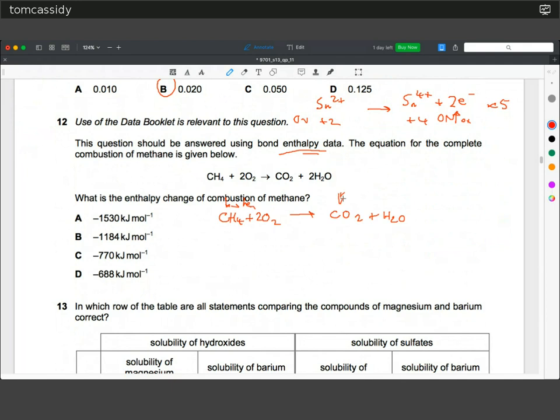Sorry, my pen's just lost it there. Bonds formed. Okay. And when you're breaking bonds, you're taking energy in, so that's endothermic. And when you're forming bonds, well, that's the opposite of breaking them, so that must be exothermic. So what you do is you write down here all the bonds that are broken, and you write down here all the bonds that are formed.